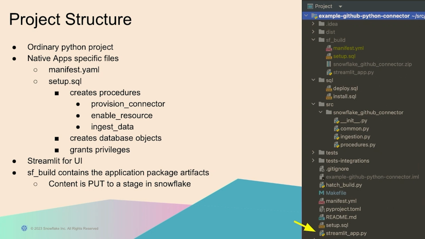You can also see here a file with my Streamlit application. That's where the code of the UI lives. For the convenience of the demo, we've put all of the build artifacts into the SF build directory. The content of this directory is going to be transferred to a Snowflake stage, and out of it, we'll create an application package and then an instance of the application.